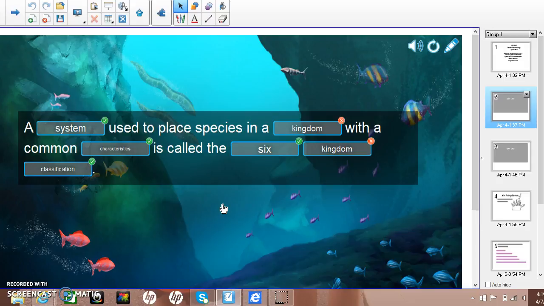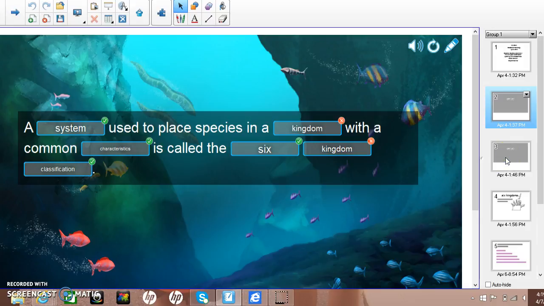Okay, well, anyway, for time's sake, we're going to keep moving. We'll Google, or you can look it up yourself, the kingdom classification, and you can write down your own definition. Yes, ma'am.